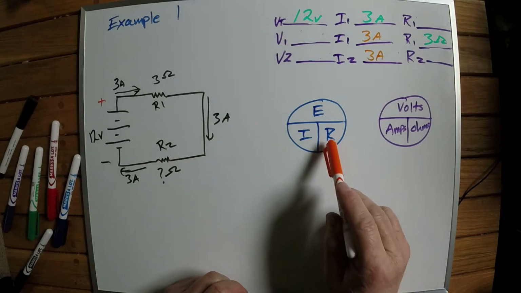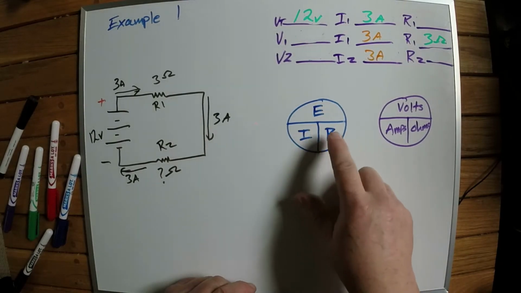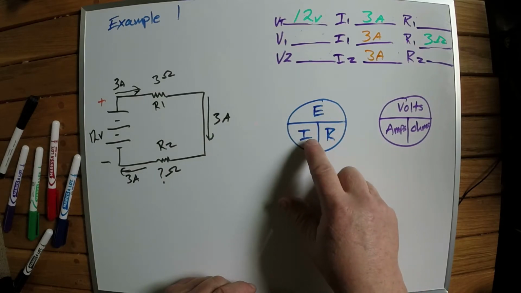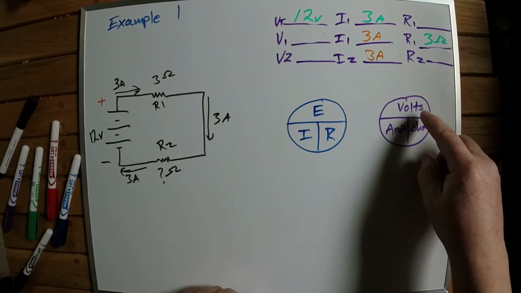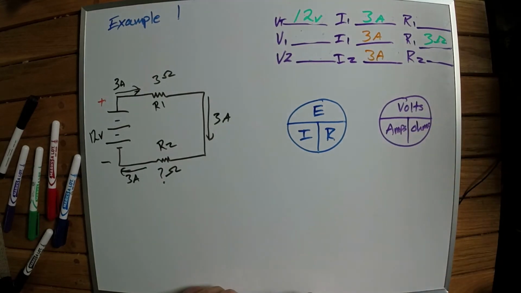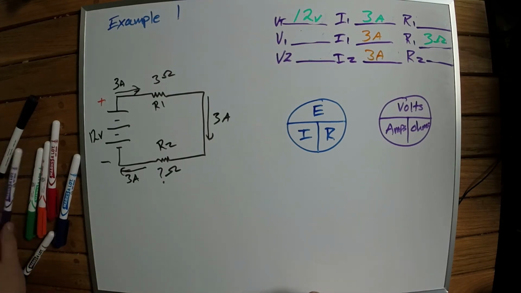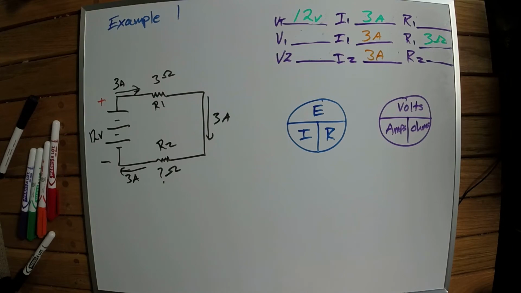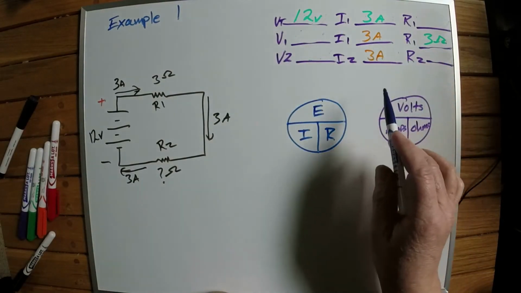If I use Ohm's law right here, which is E over IR, electromotive force divided by intensity times resistance, or another way to say that is volts divided by amps times ohms, I can figure this out by doing some division and multiplication.